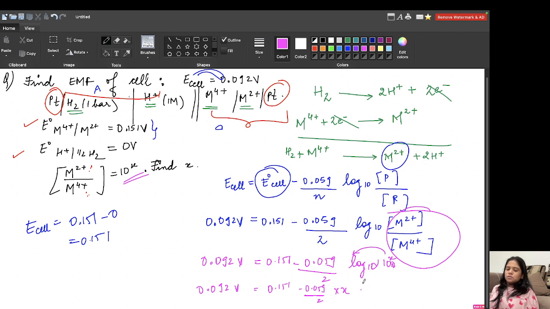Just try to solve this thing. It's very easy. On solving, your answer should come as x equal to 0.052. That's what we wanted to find, right? So this is how you find the EMF of the cell.